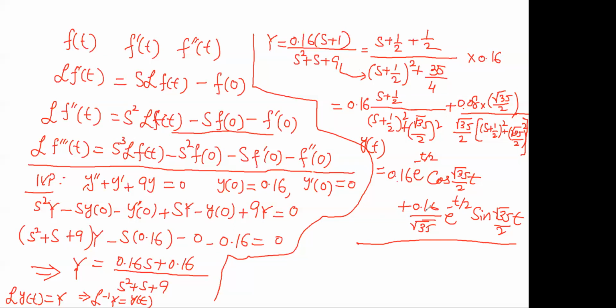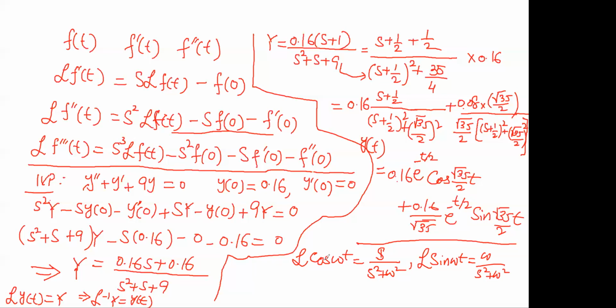Remember that we have simply applied 3 formulas over here. One of the formulas was Laplace of cosine omega t is equal to s over s squared plus omega squared. The other formula which we applied is Laplace of sine of omega t is equal to omega over s squared plus omega squared.